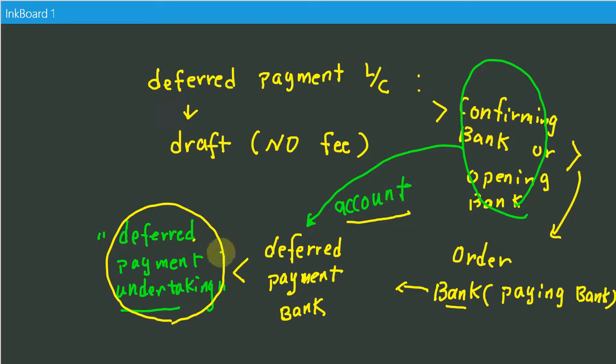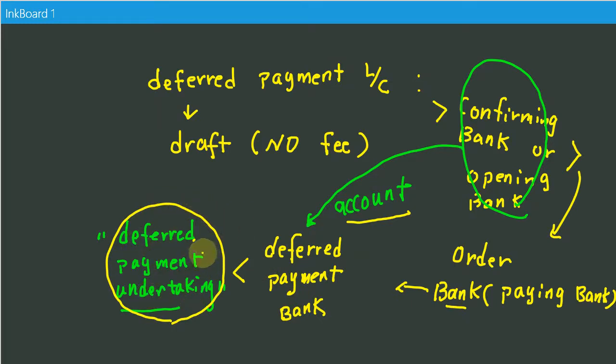But prior to payment, once accepted according to the ordering of these two banks, whether it is a confirming bank or opening banker, the deferred payment banker will issue the deferred payment undertaking.